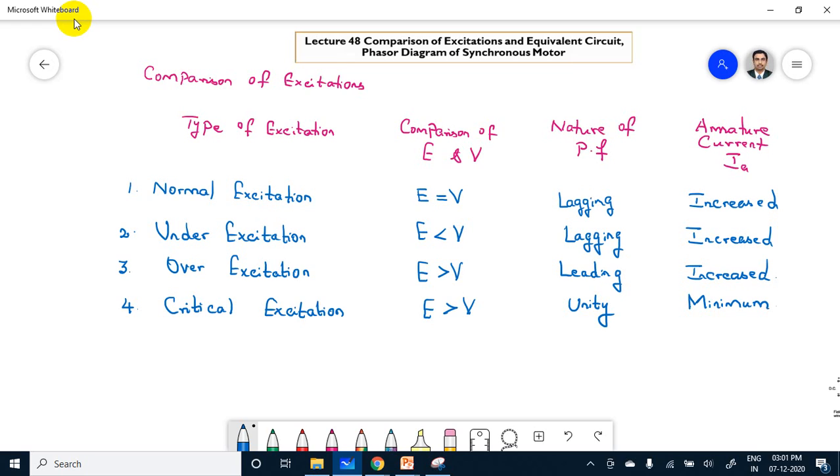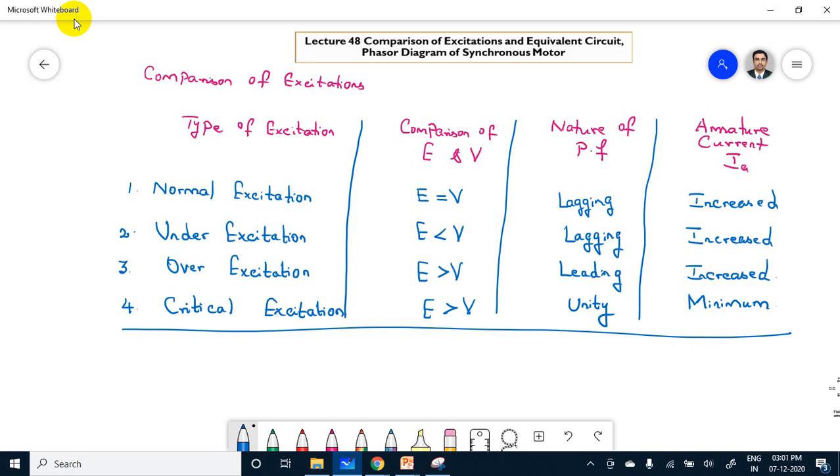Okay, so this is the comparison table of the different types of excitation.